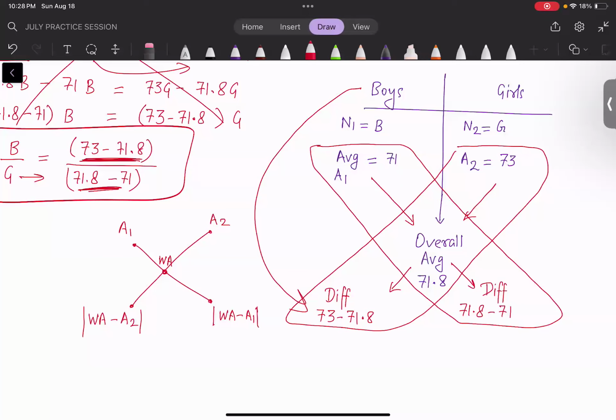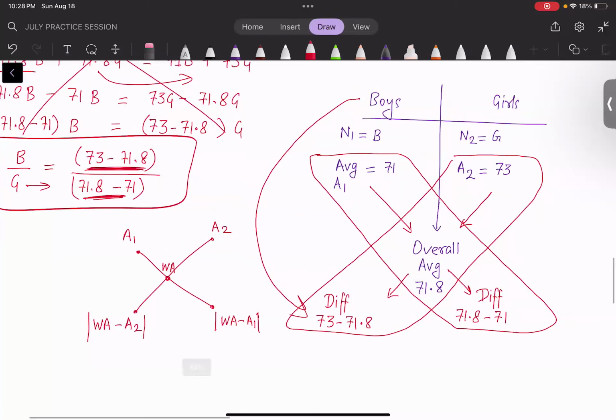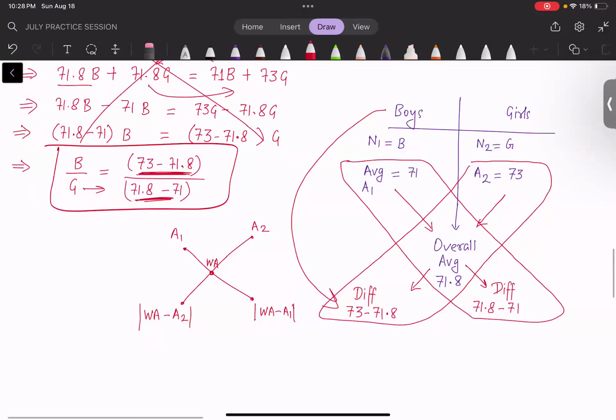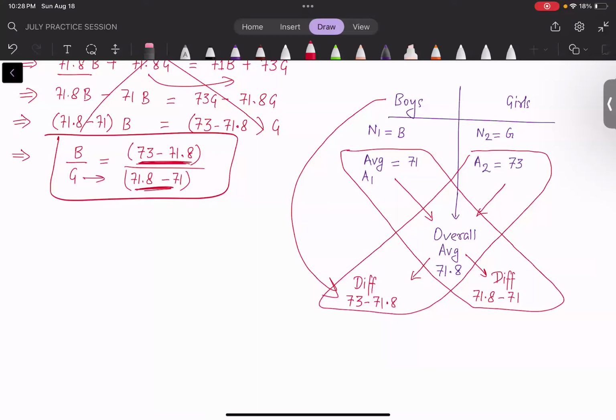All right. Now next, please carefully answer. Once you have drawn this diagram, you will not do all these equations.